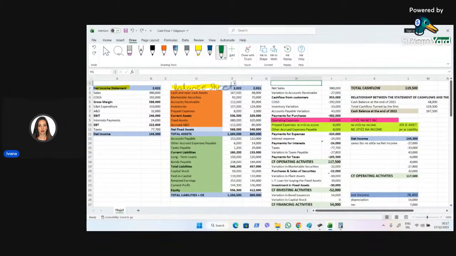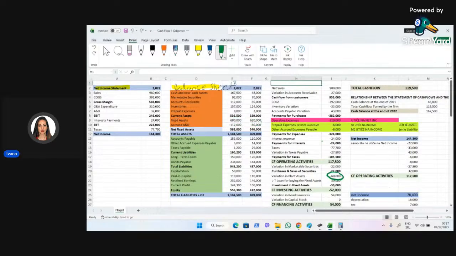Okay, purchases and sales, so this is the same. Variation in plant assets. Plant, this is here, fixed assets, plant, factories, yeah, all of these are fixed assets. And here is the difference, because it's growing, it will be negative because it's asset.